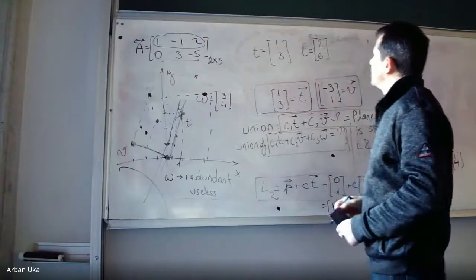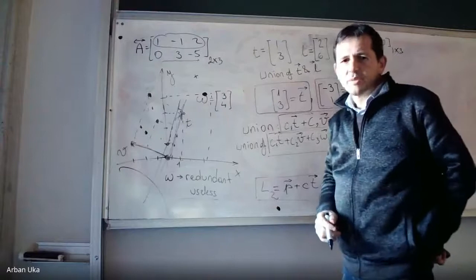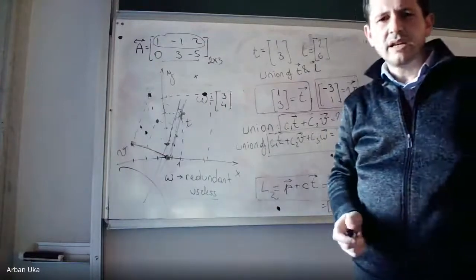What is the union of T and L? The union of all vectors A times T, where A is a real number. That's correct, but what is it? Is it a line? Is it a plane?